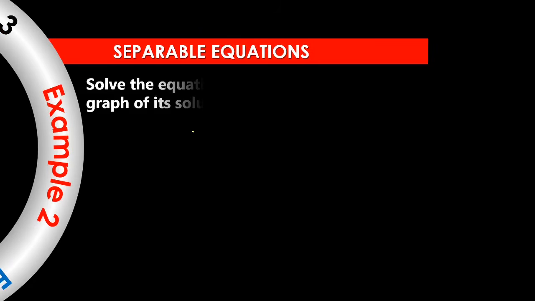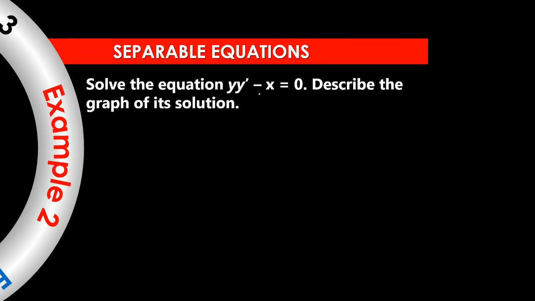Okay, so let us solve the equation y prime minus x equals 0. And after solving the problem, describe the graph of its solution. So what's the first step in solving the problem? So we can rewrite this differential equation, y multiplied by dy over dx minus x equals 0.